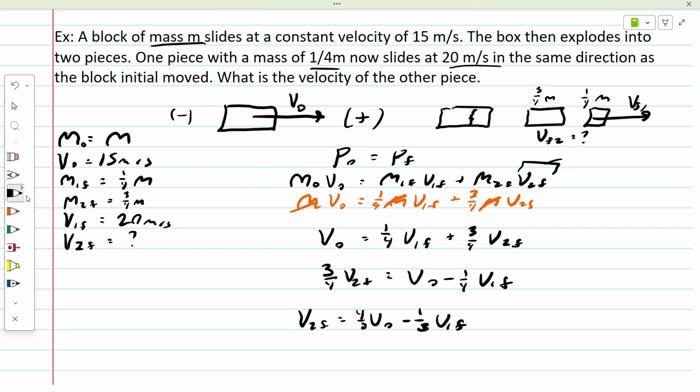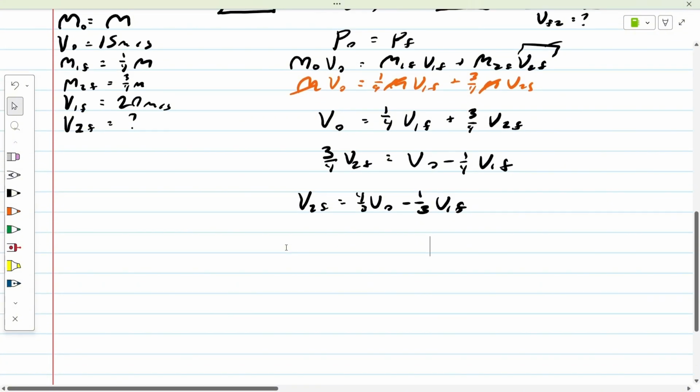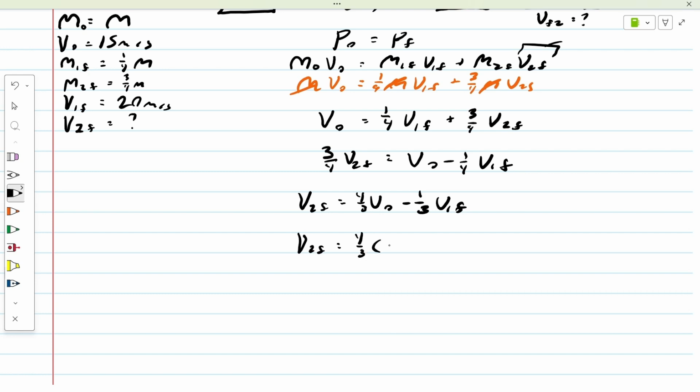Okay, and now we have all these values, so we can solve and say V2 final equals 4/3 V naught, which is 15, minus 1/3 V1 final, which is 20. And so this gives us a value of 13.3 meters per second.